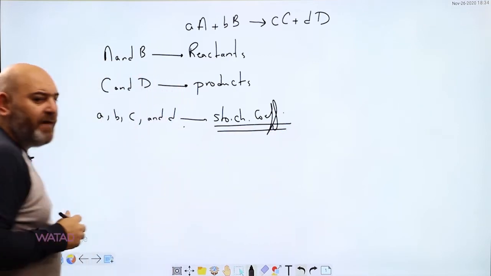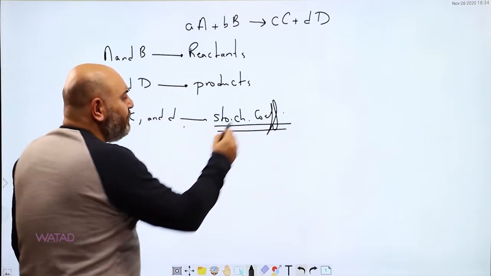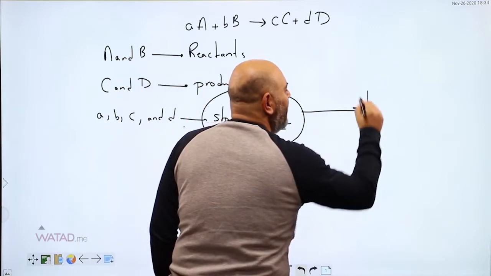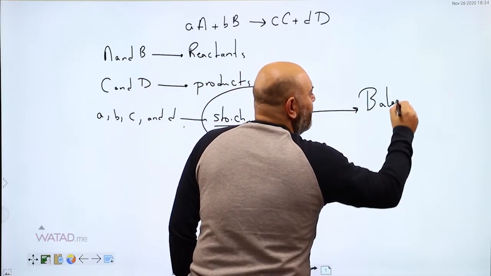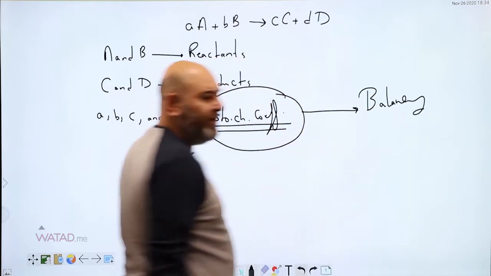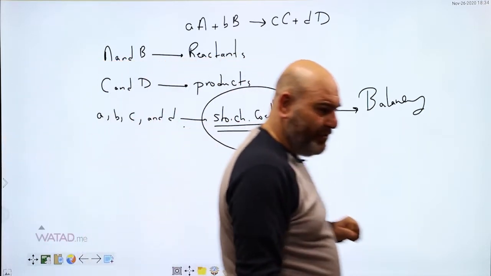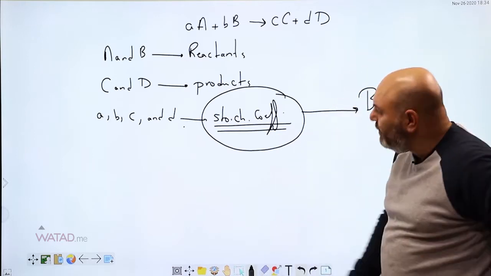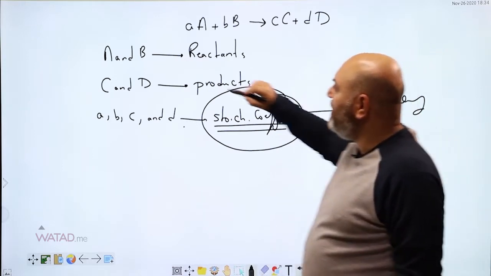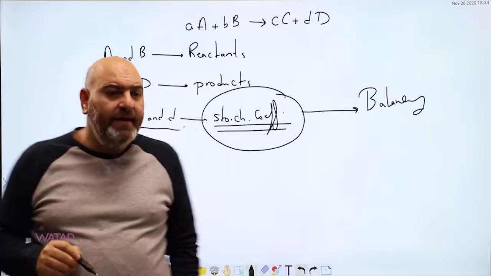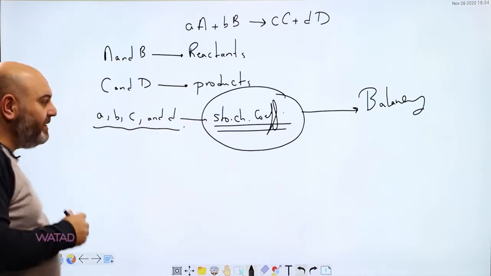You have to keep in mind that these stoichiometric coefficients are obtained by balancing. Therefore, when we balance the chemical equation, we satisfy the law of conservation of atoms. And when we satisfy the law of conservation of atoms, we will be able to find these small coefficients a, b, c, and d.